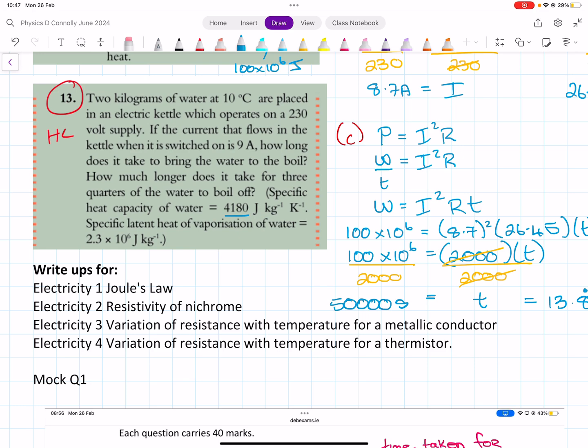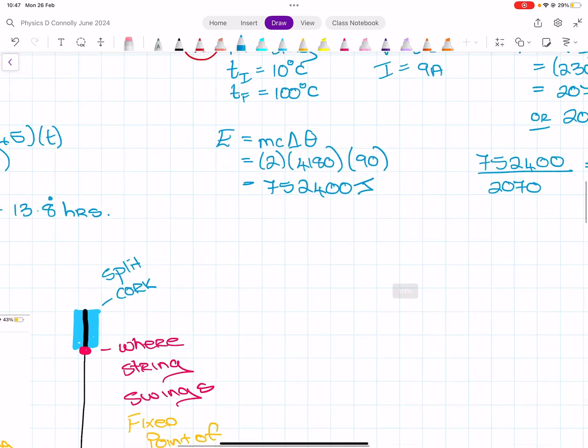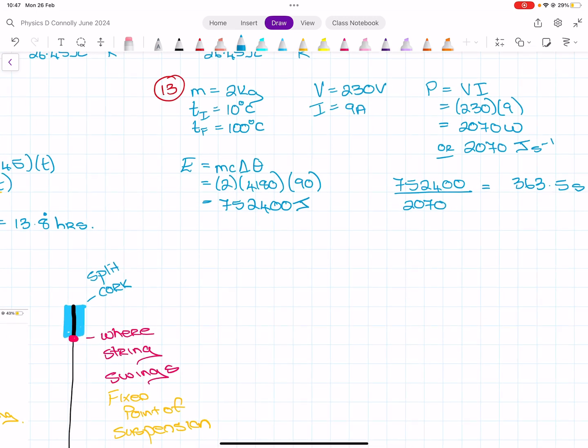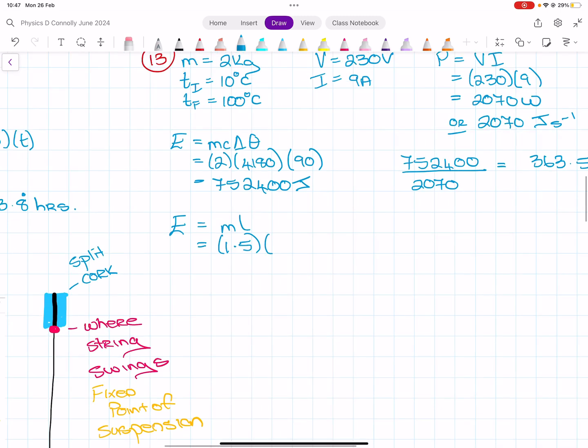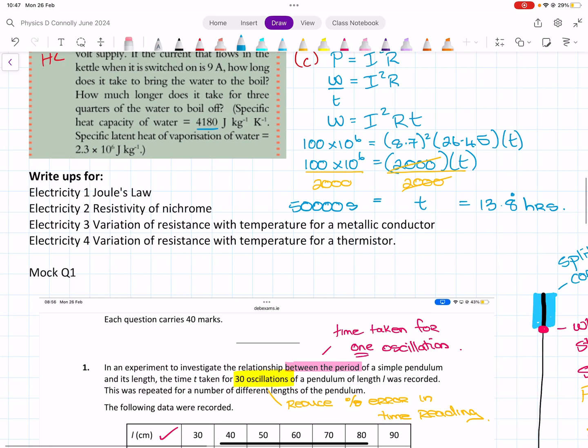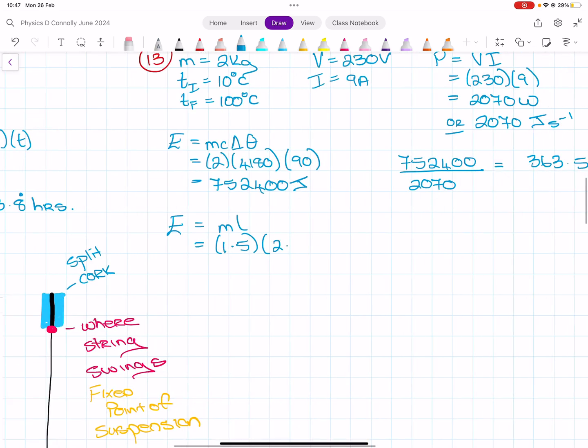And then how much longer will it take for 3/4 of the water to boil off? So the energy, boil off is changing state. So that's going to be m L. M is going to be 1.5, which is 3/4 of 2 kilograms. And the specific latent heat of vaporization is 2.3 by 10 to the 6.